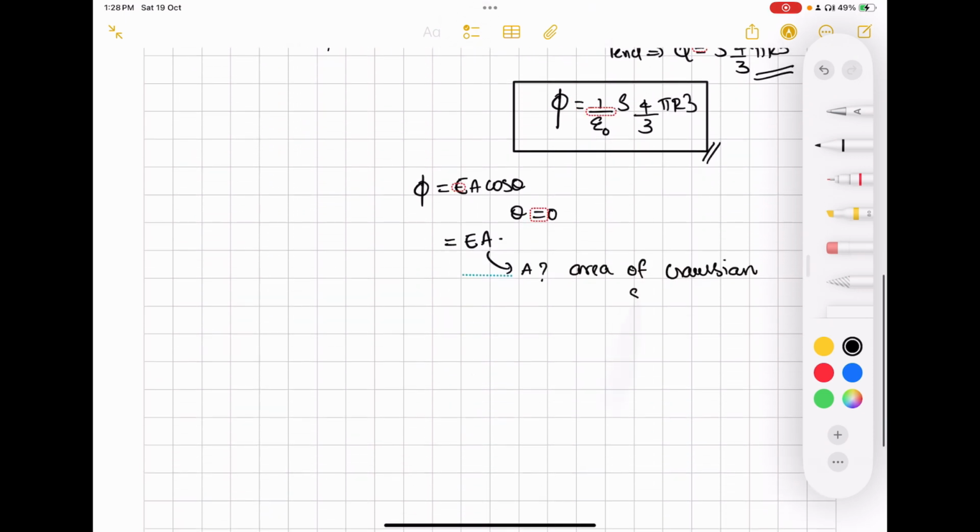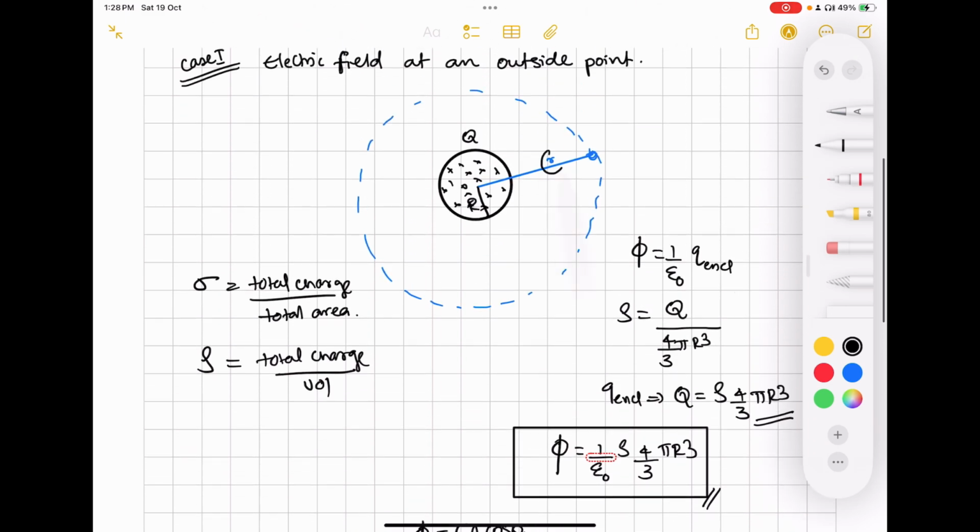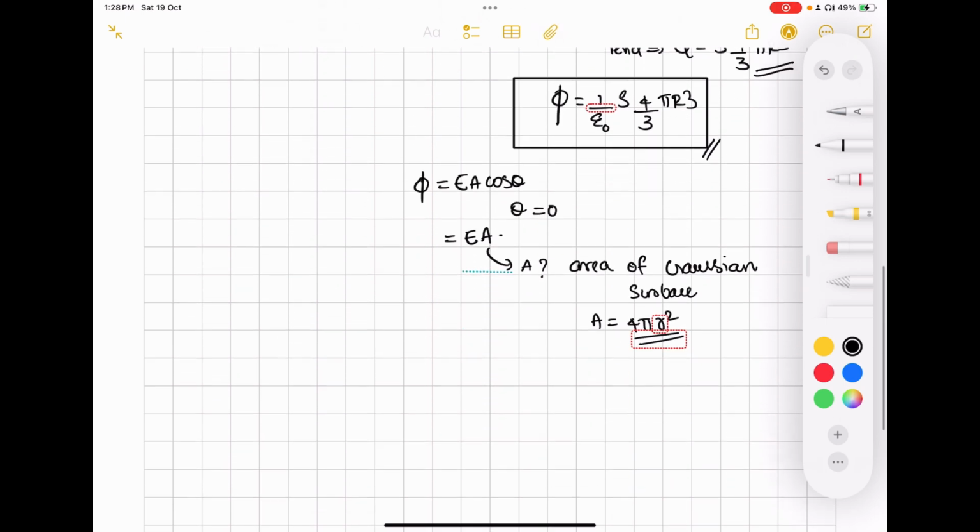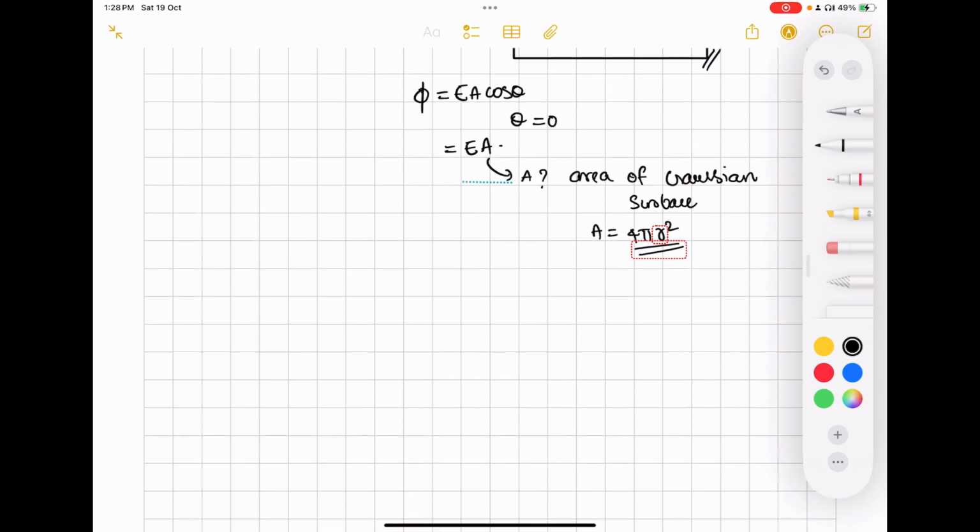Therefore, area A is equal to 4 pi small r square, as the radius of the Gaussian sphere is small r. So we can write phi is equal to E into 4 pi r square.